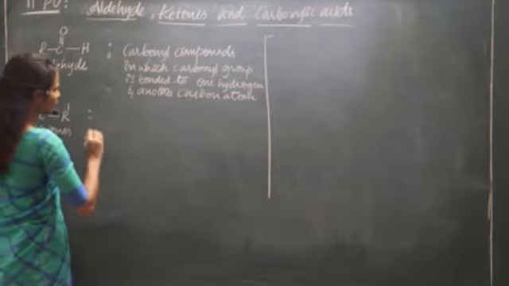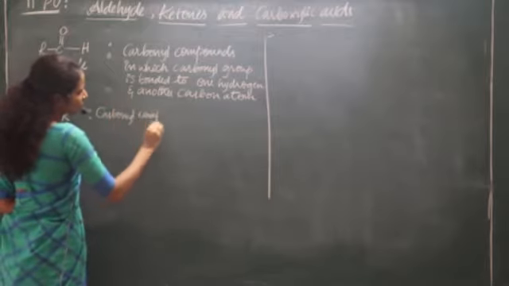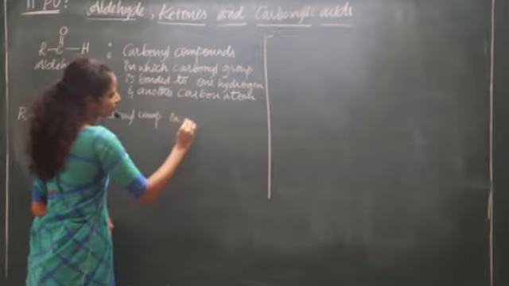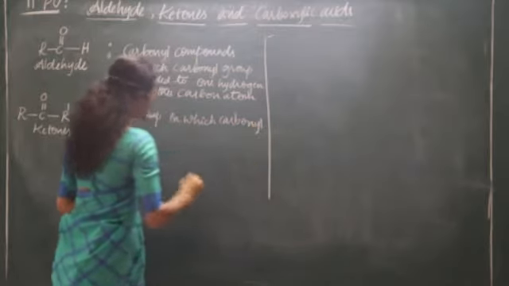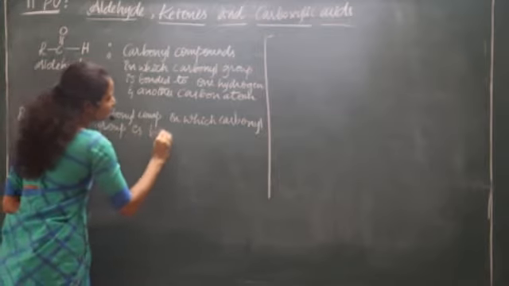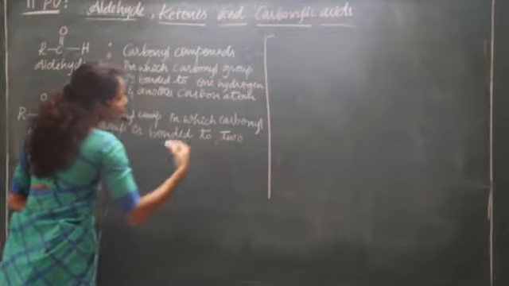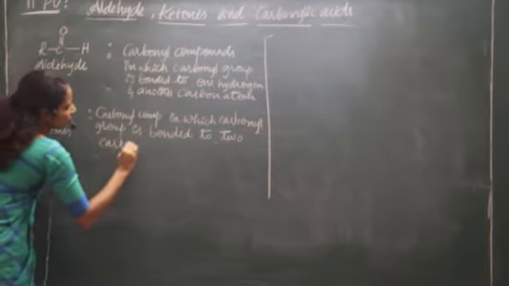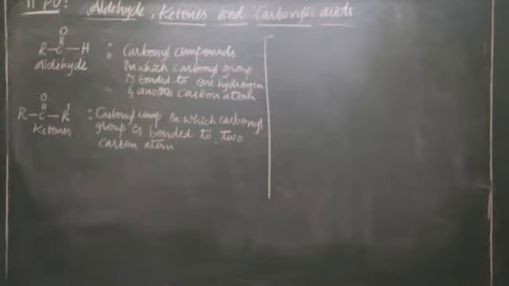Ketones are nothing but carbonyl compounds in which the carbonyl group is bonded to two carbon atoms, or the carbonyl group is bonded to two alkyl groups, right? This is about ketones.